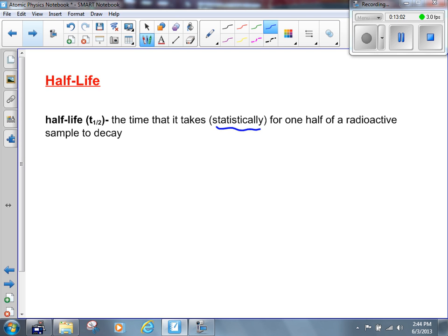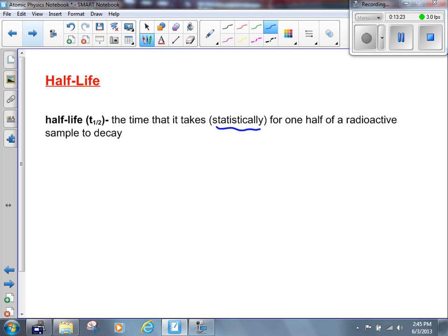Now, the reason we use the term statistically in there is because it's not a perfect science. We make predictions as to how much is going to be left after a certain amount of time. But understand they're only predictions based on statistics, based on the events that have taken place in the past.